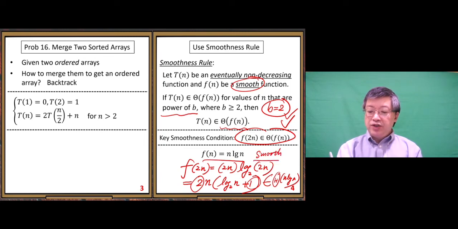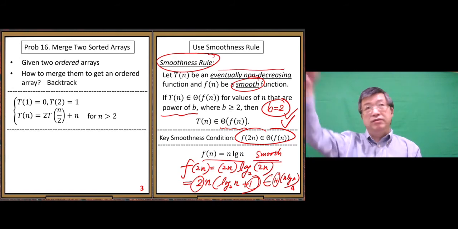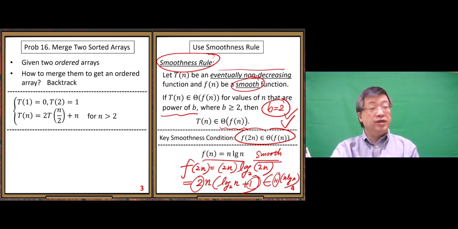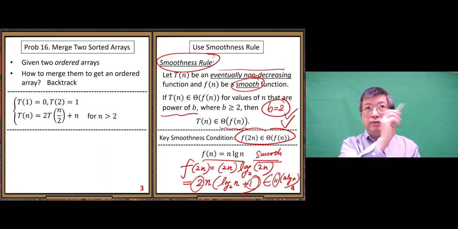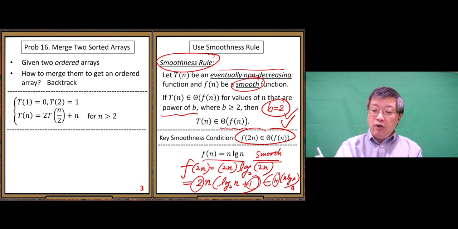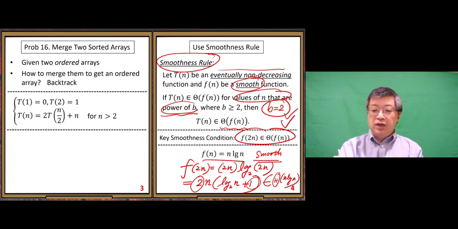If it is smooth, we can apply the smoothness rule. We know this function is eventually non-decreasing, and we know our theorem, T of n, is true for powers of 2. Then for the general case, T of n belongs to big theta of this function.